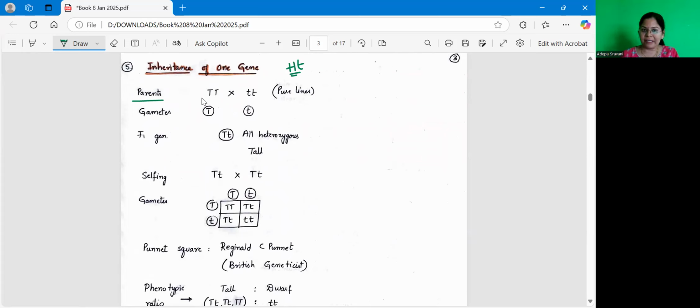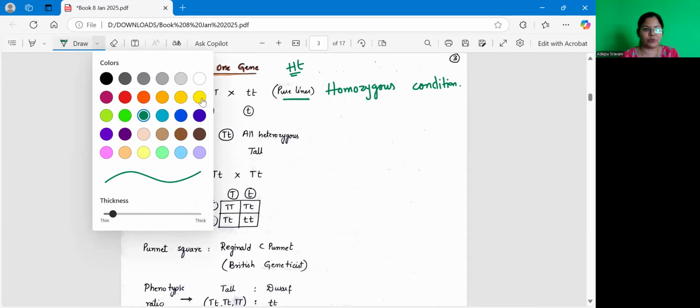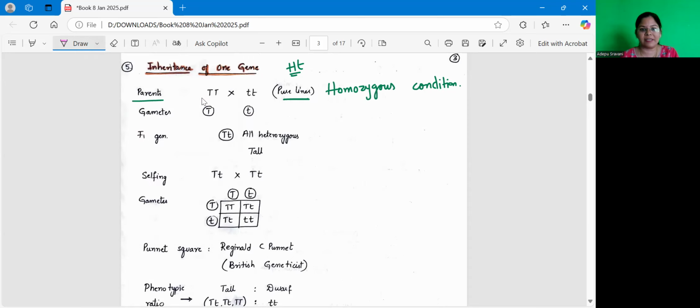And whenever he took the parents, he always made sure that he had taken pure lines. Now what do you mean by pure lines? Pure lines are the homozygous condition. Now what do you mean by homozygous condition or pure lines? See, I'll go a step forward so that you can understand something.